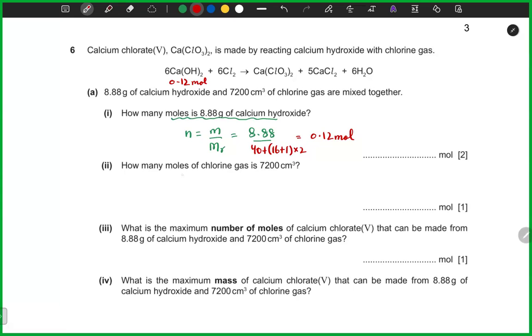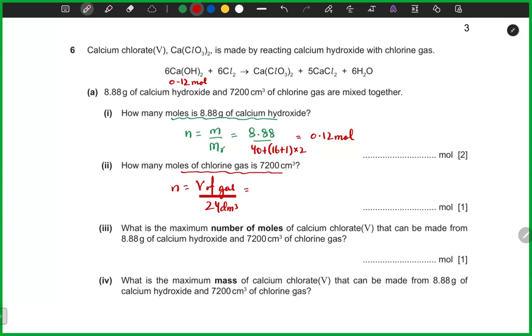And he's asking for the moles of chlorine gas as well. So how many moles of chlorine gas is 7200 cm cube? So remember, it's a gas, right? So what is the formula for gas? Moles is volume of gas, and you have to divide that by 24 dm cube.